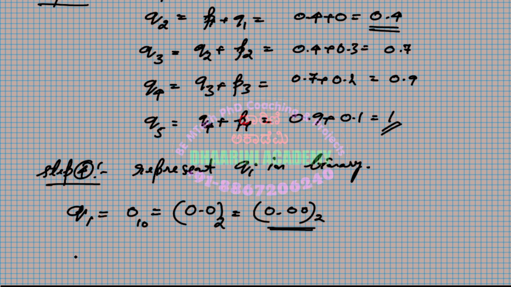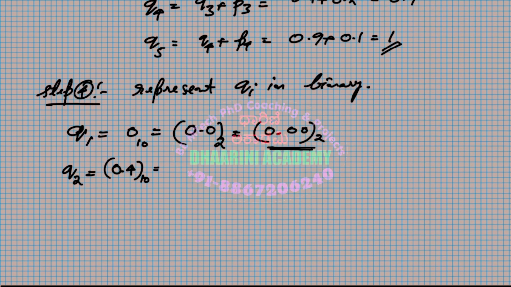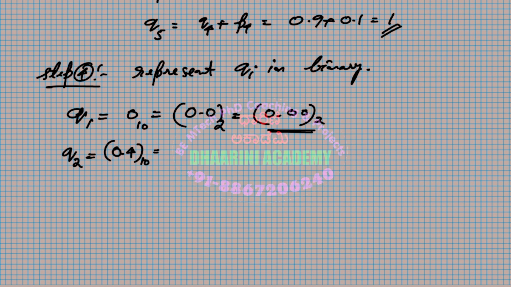Let me say I have Q2. What is the value of Q2? Q2 is 0.4 and it is to the base 10. Now I need to convert this into base 2 notation, isn't it? So how do you do that calculation?